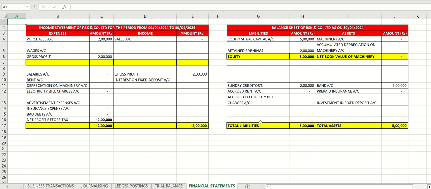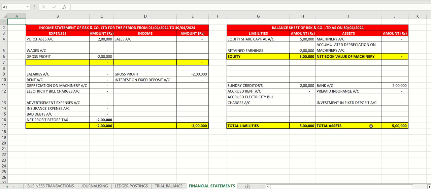If you take a look here, my balance sheet should match up. There shouldn't be any discrepancy.